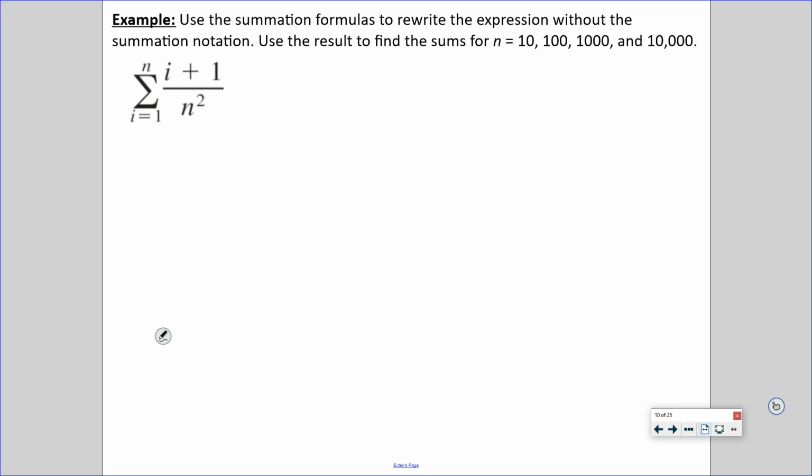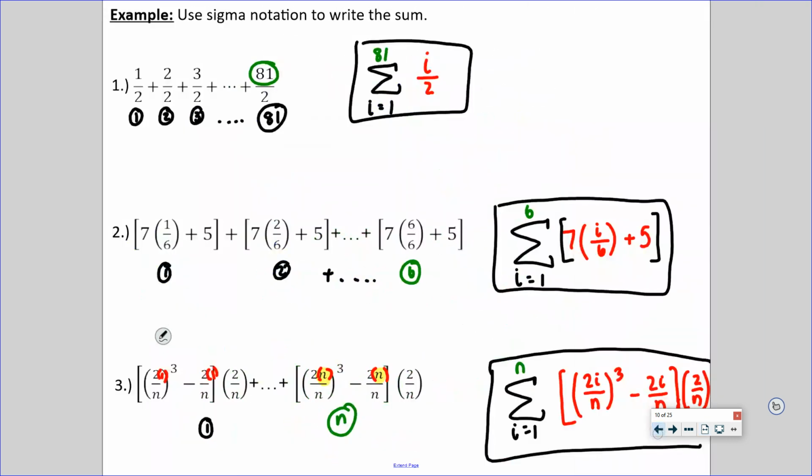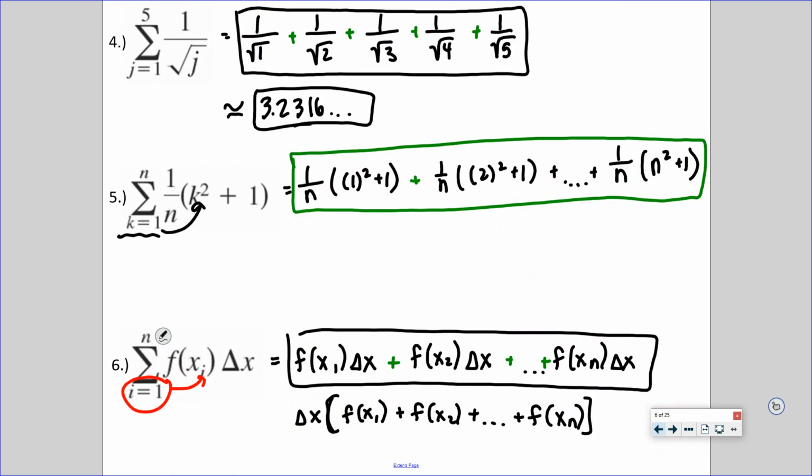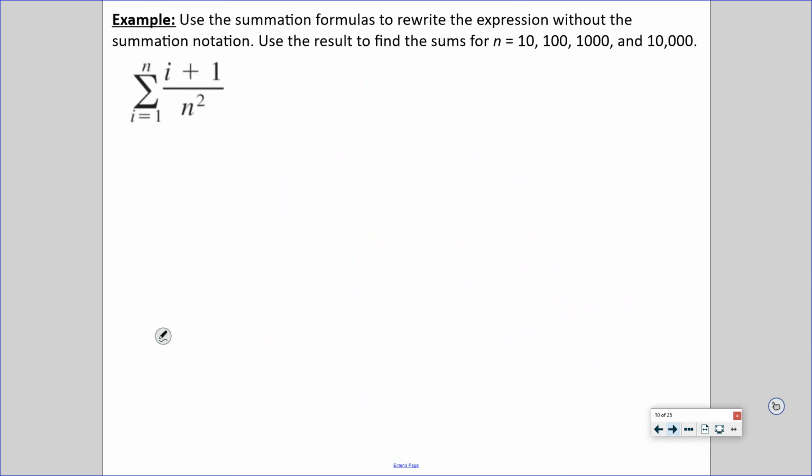Here we talked about this when we were writing out sums. I mentioned that this 1 over n is really just a constant, because if you check down here, the number we're plugging in for was k. That was part of my rule. So if you look at this summation notation, my rule is I'm going to take i plus 1 and divide it by n squared.